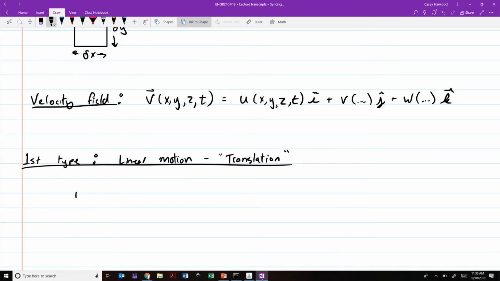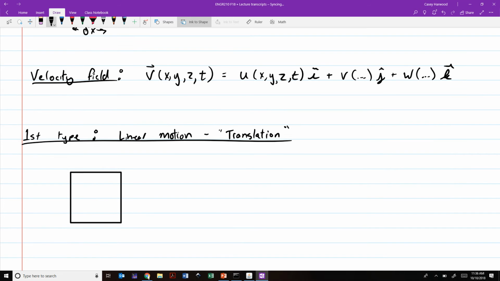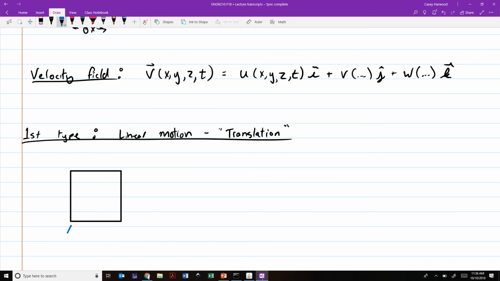If we start out with our square and we label the corners A, B, C, and D, and we have a velocity field v of x, y, z, and t that is simply equal to v naught for all space and time, then in other words, we have a completely constant velocity in the background. It doesn't change from point to point, and it doesn't change as a function of time.